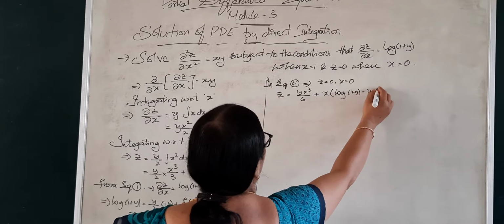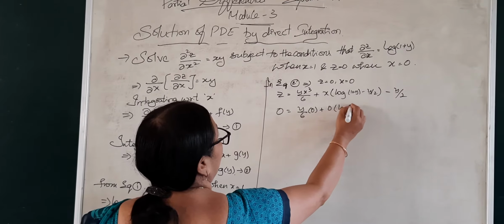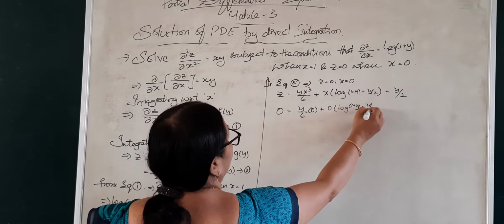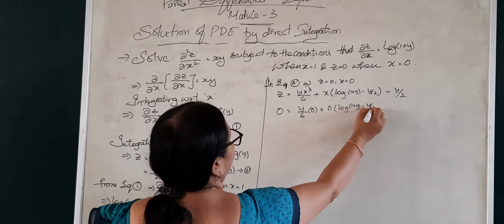Now put z = 0 and x = 0. What do we get? 0 equals y/6 times 0³, which is 0, plus 0 times the entire thing, log(1+y) minus y/2. You can see this is 0 and this entire term is 0. We get 0 equal to 0 plus 0 minus y/2. Sorry, I think I missed something. The x times this is not y/2, instead it is g(y).